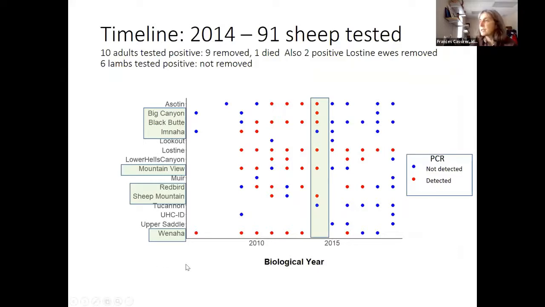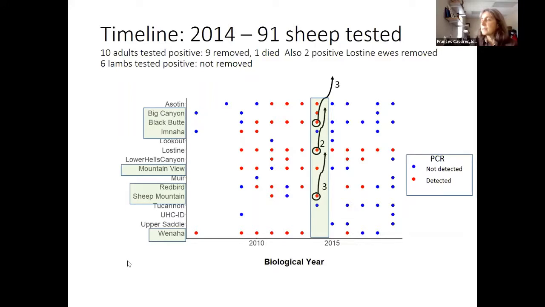That was also the last year of the Asotin study, and one happened after the other, but they're still in the same year. We found 10 adults that were positive, and 9 of those were removed. We removed the 3 Sheep Mountain sheep and the Black Butte sheep, of which 3 were carriers, 8 were positive, and 5 were not.